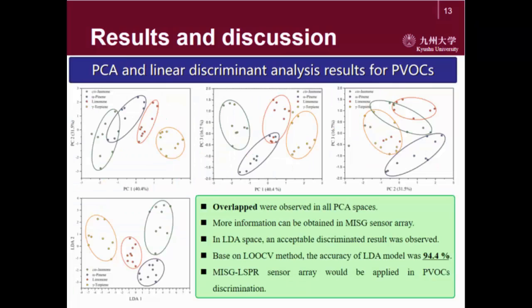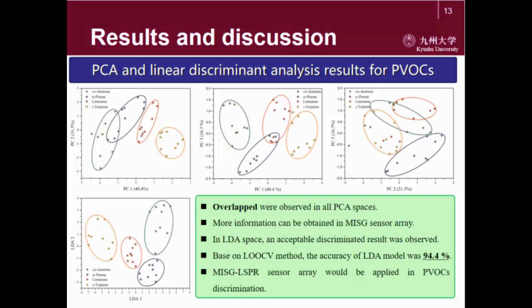And this is the PCA result and LDA result for the PVOC sensor array. Through this PCA space, we can find that overlap was observed in all PCA spaces. In PC1, PC2 space, we can find a low overlap between cis-jasmone and alpha-pinene. But in PC1, PC3 space, we can find cis-jasmone has an independent array.